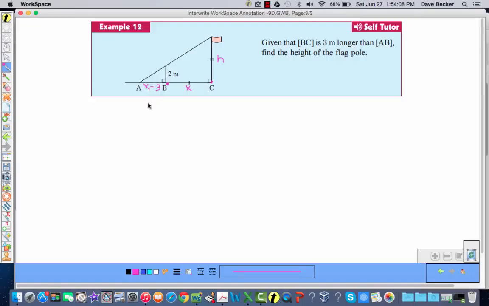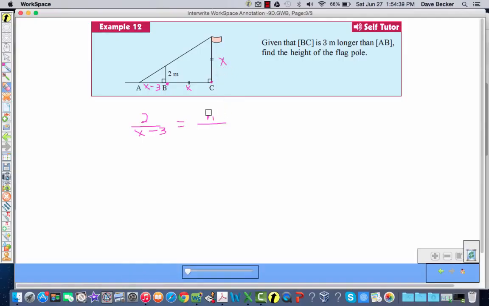Okay, so we have a pair of similar triangles, don't we? We have 2 is to x minus 3 as, oh wait a second, h is equal to x. Look at these markings. I'm so stupid.